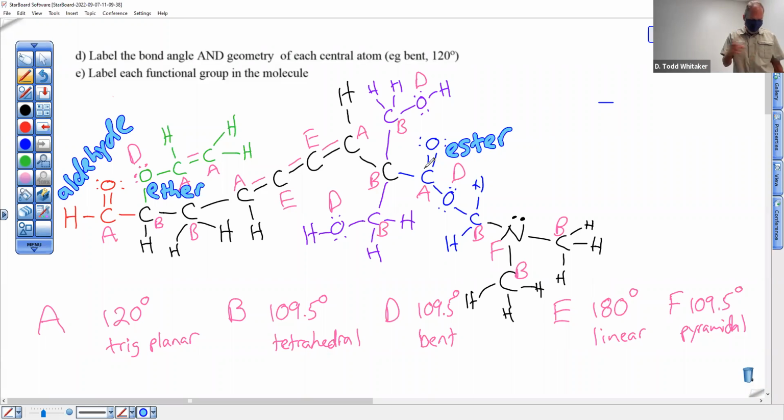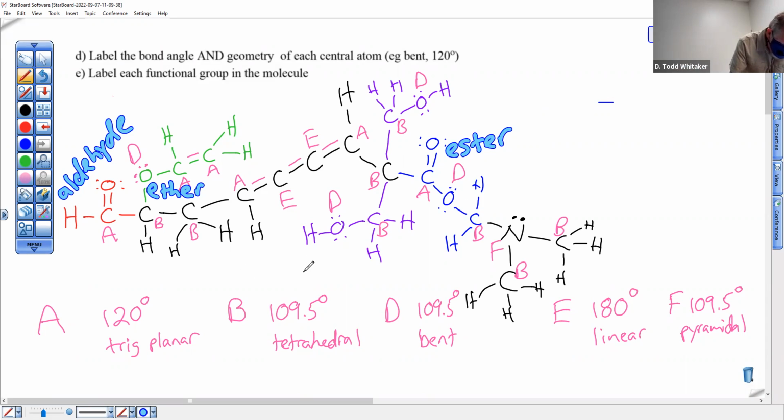The difference between an ether and an ester is that one of the carbons attached to the O in an ester is a carbonyl. In an ether, neither carbon is a carbonyl. And this one doesn't have O between 2 C's, it has O between a C and an H. That's an alcohol.